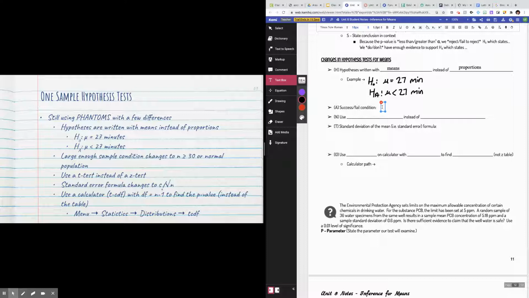The success-fail condition, or the large counts, large enough sample condition, is n is greater than or equal to 30 now. So your sample size must be greater than or equal to 30, or you have a normal population.